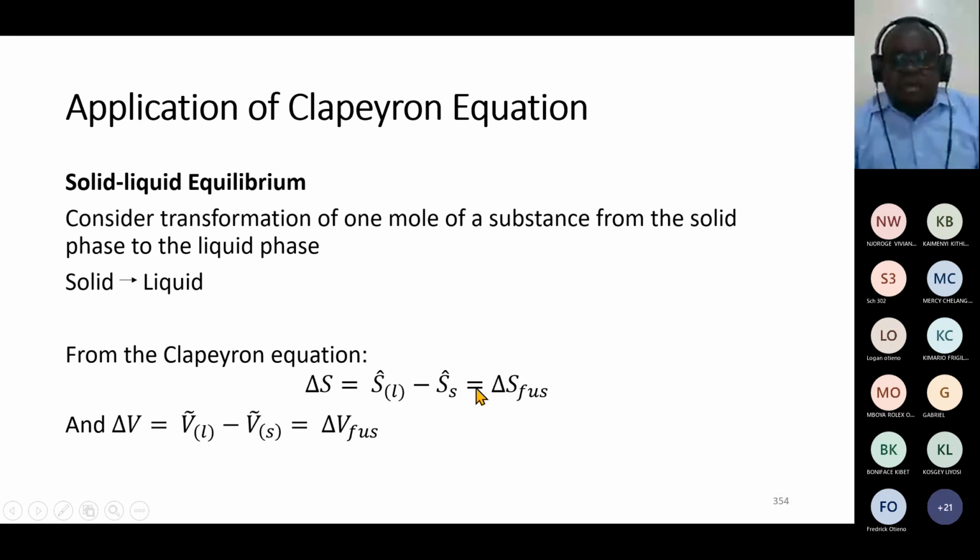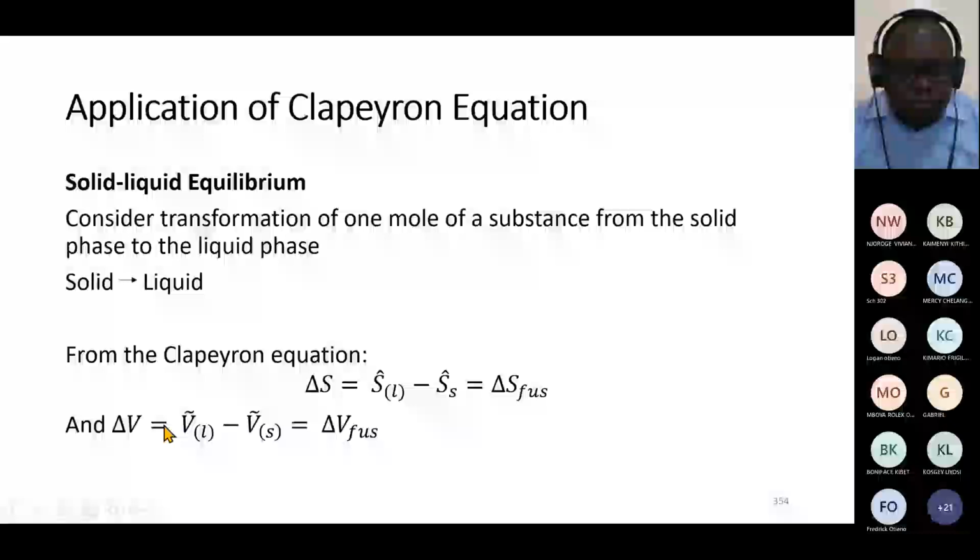So essentially here delta S is going to be delta S fusion, because that is the process that is taking place. And delta V is going to be the final molar volume minus the initial molar volume. So essentially you're talking about delta V fusion.